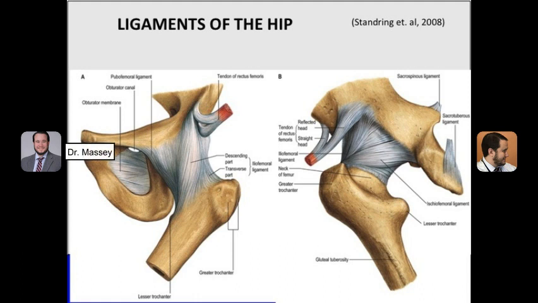And this is just a bigger view here, so again that inverted Y, that iliofemoral ligament, our pubofemoral ligament, we can see that triangular structure, and the central, the lateral, and the medial portions of our ischiofemoral ligament.